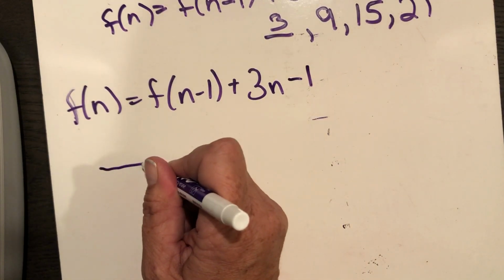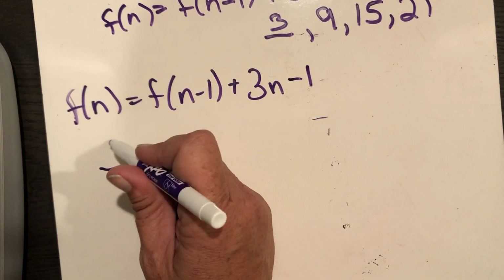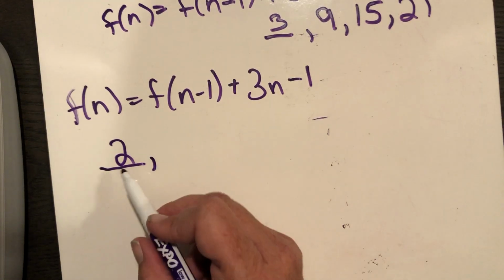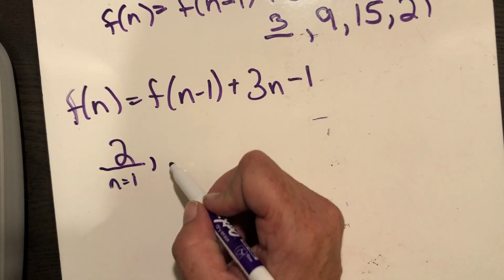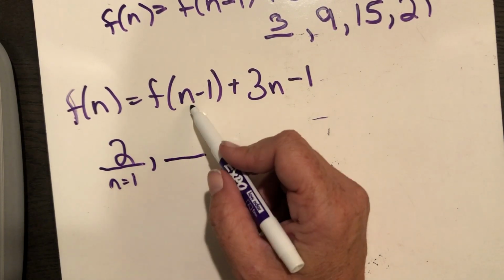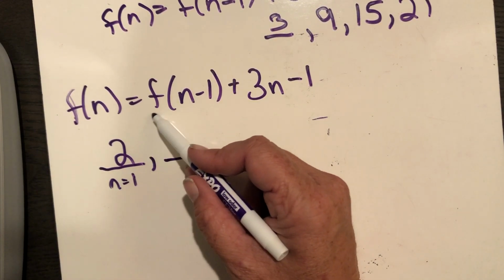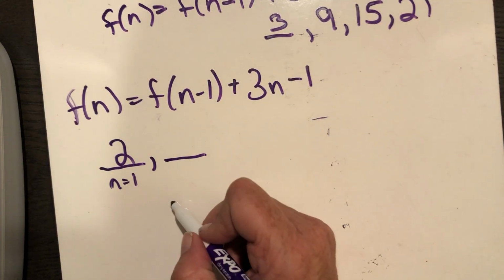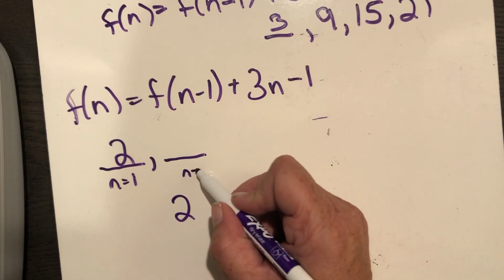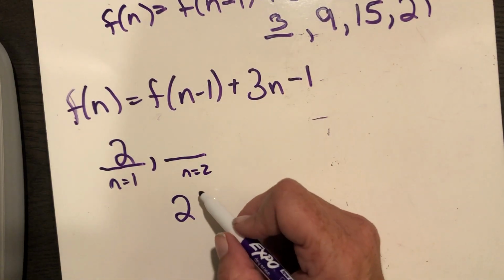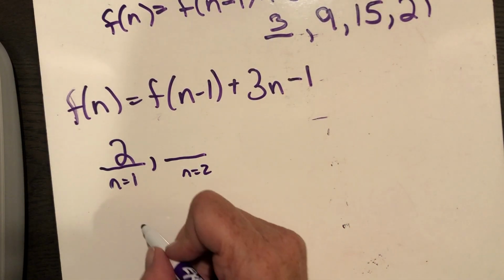And they told us that when n equals 1, the function equals 2. So we're going to take this answer 2. That's our previous answer, our f of n minus 1, because now we're trying to find n equals 2.